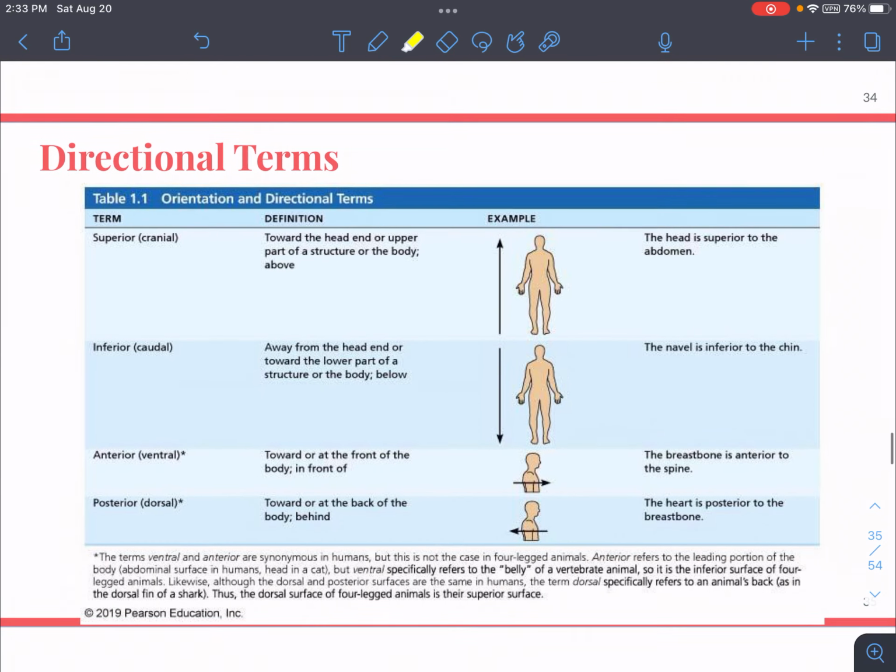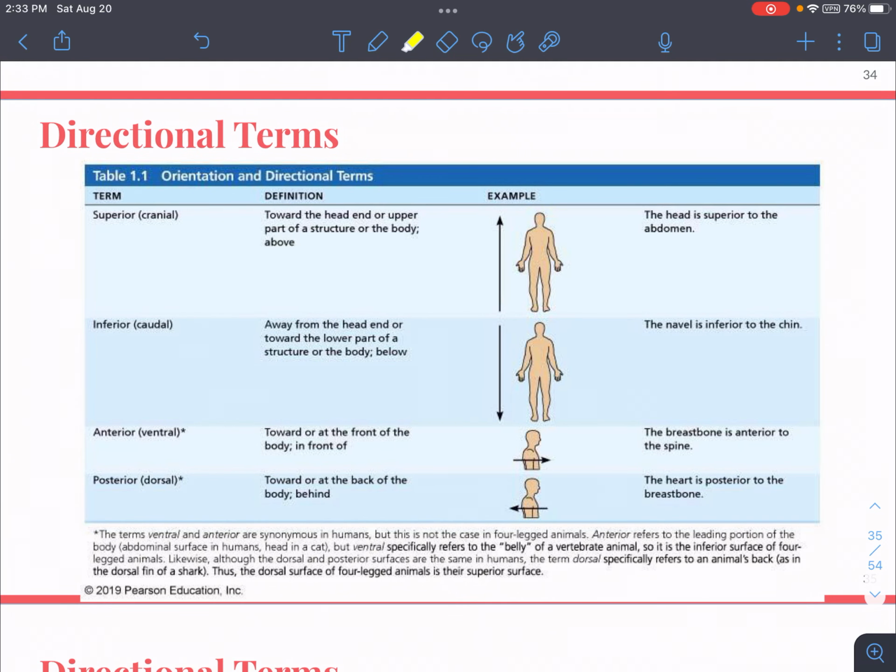So here are some examples. I have charts in here for you that talk about superior. Another word for superior is cranial. So cranial's your head again. Caudal is towards your feet, towards the bottom. Ventral is another term for anterior, while dorsal is another term for posterior.